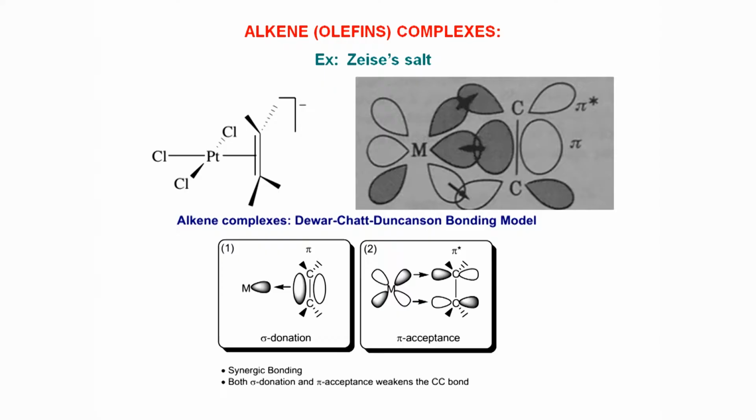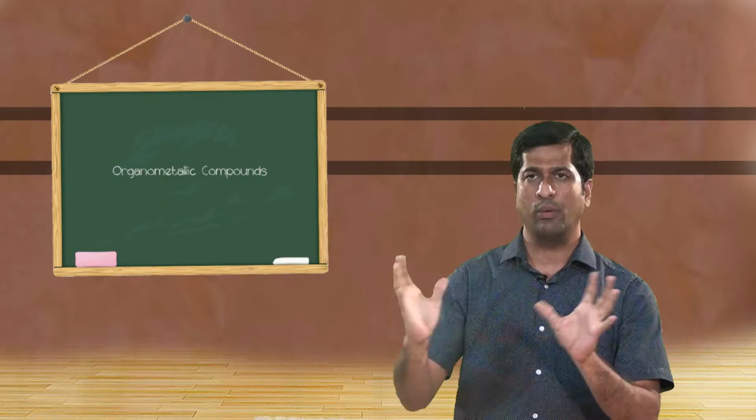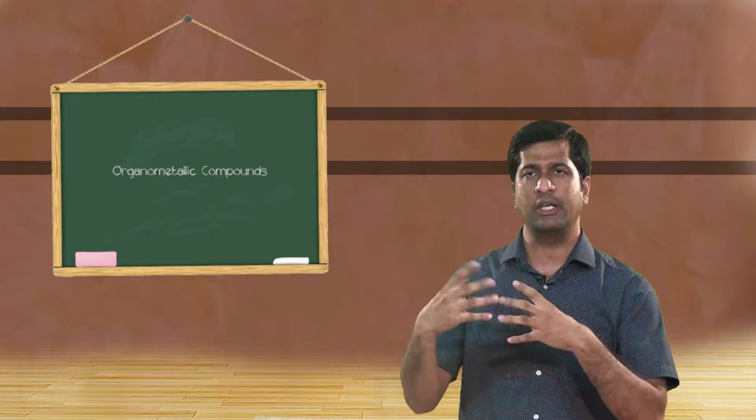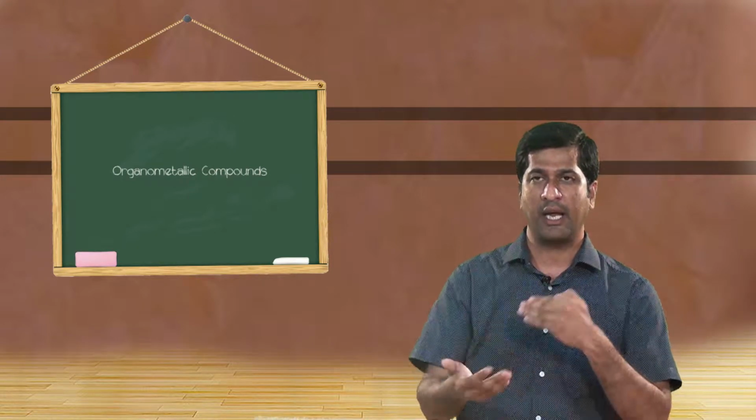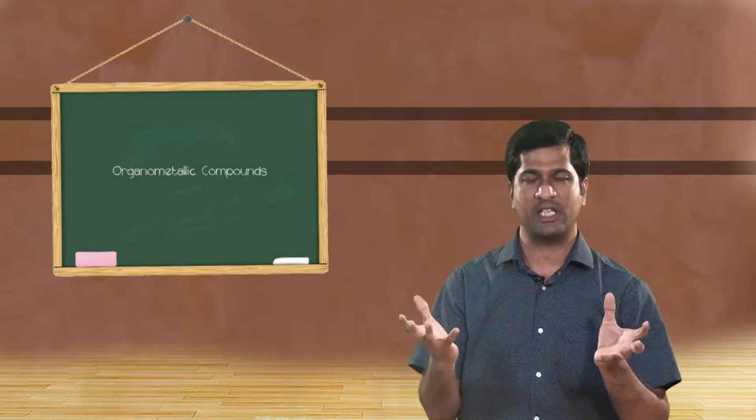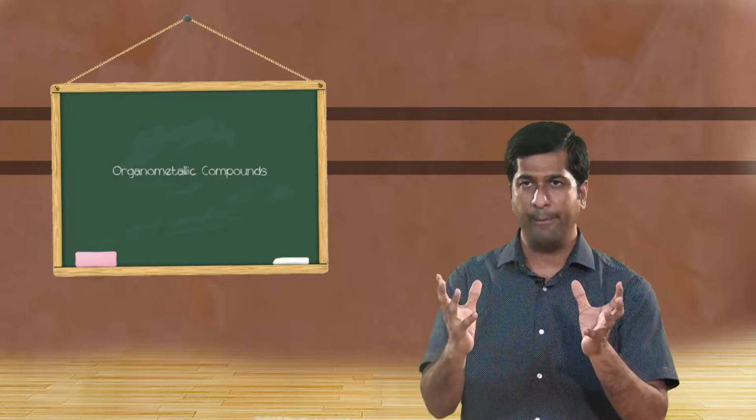That's why this type of bonding is called synergic bonding, and the whole effect is called the synergic effect. Because of this, the bond order of the olefin decreases and electrophilicity increases. Initially, the olefin ligand is a nucleophile. After formation of the bond with the metal, the chemical nature of the olefin reverses. This effect is called umpolung.